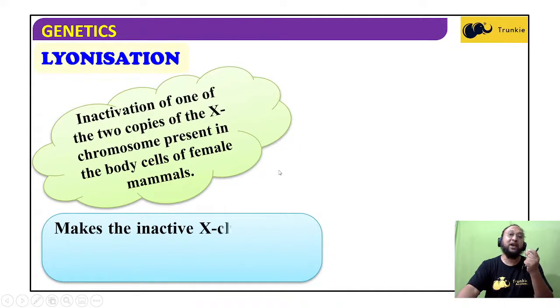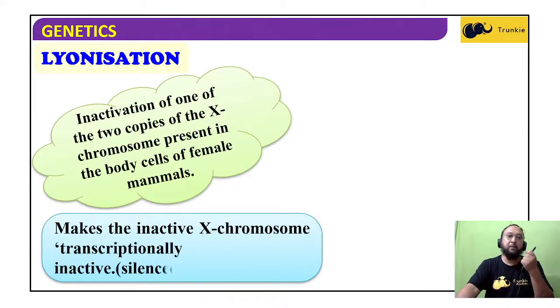So that looked like a bar, and that's called a Barr body. It makes the inactive X chromosome transcriptionally inactive. For a chromosome to remain active, there should be transcription and then translation. This process should continue for the chromosomes and cells to remain alive, effective and functional.